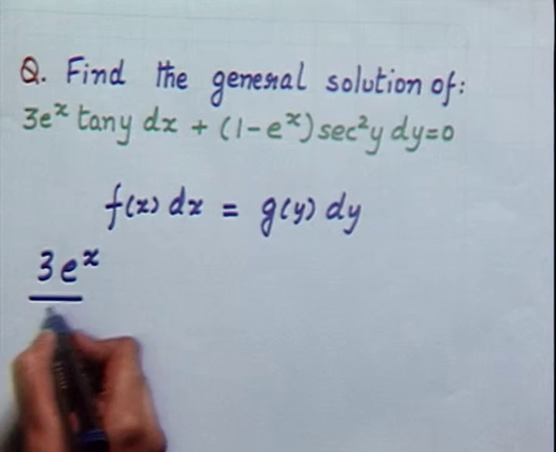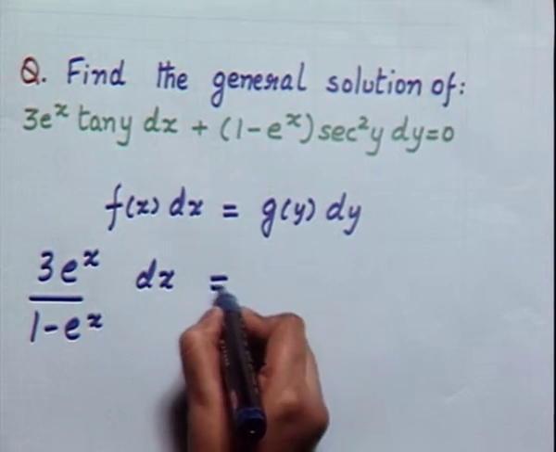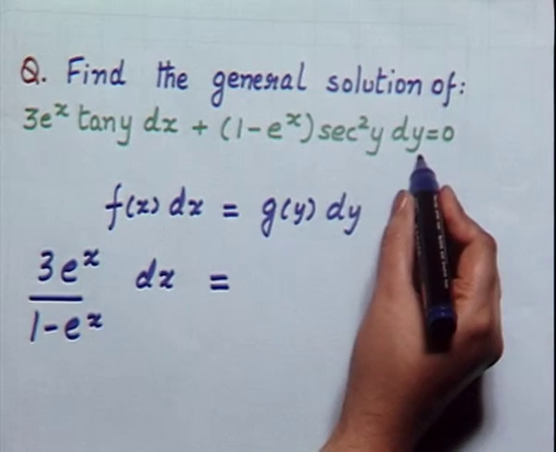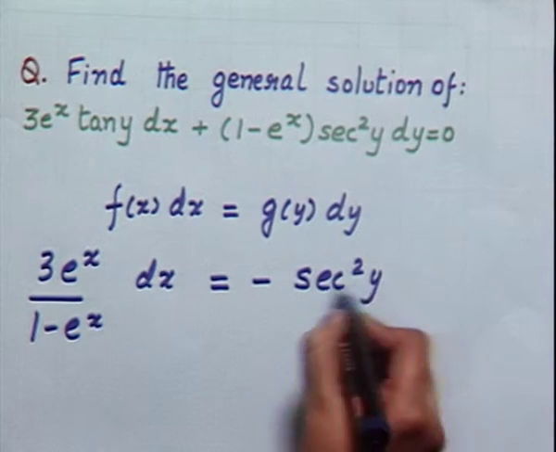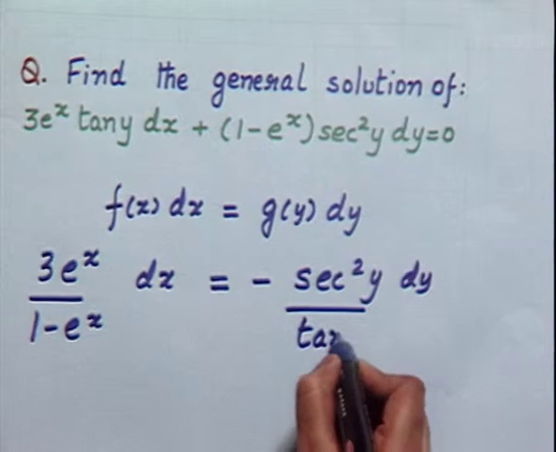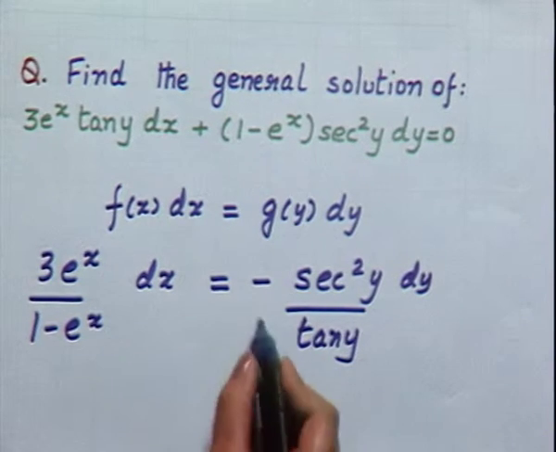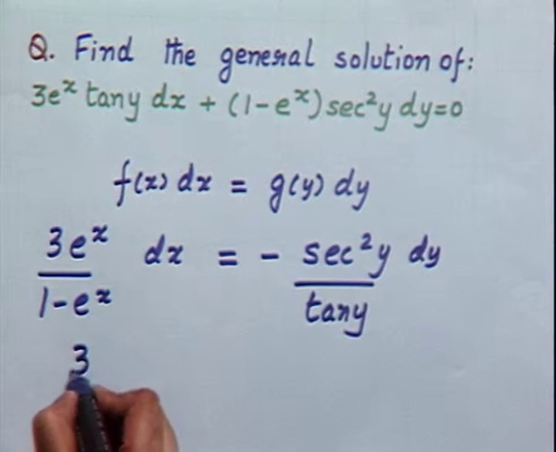Dividing by 1 minus e to the power x dx, and on the other side if I take sec square y dy, it will be negative sec square y dy divided by tan y, bringing the tan y to the other side. This negative can be easily absorbed on the left hand side, and that is exactly what I am going to do.